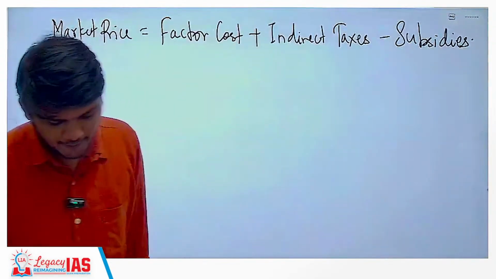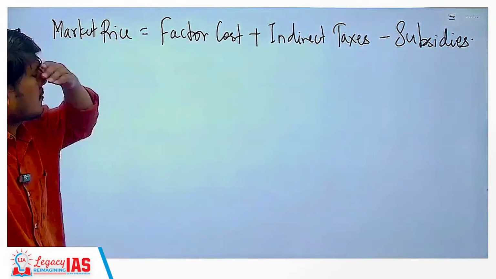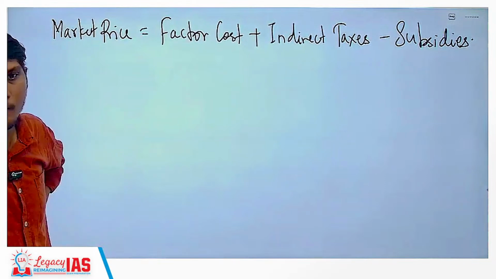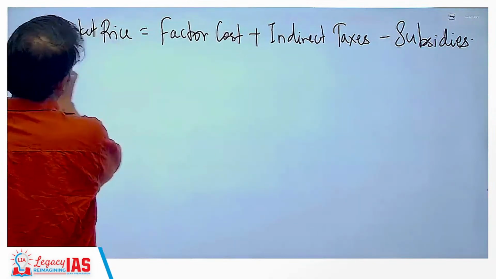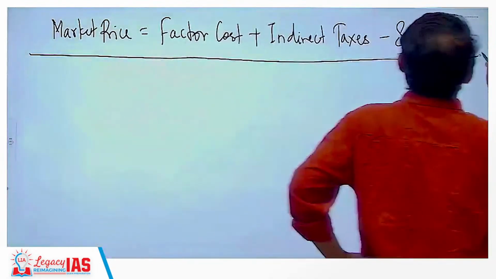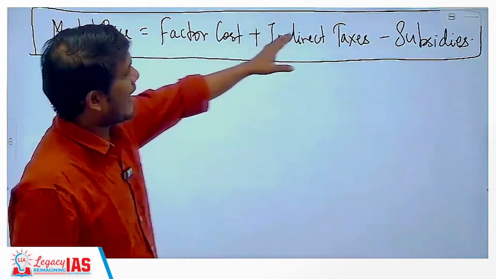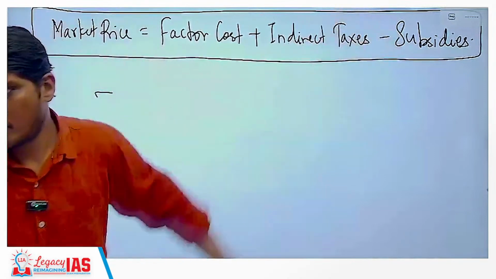Market price equals factor cost plus indirect taxes minus subsidies. ठीक है? That is your relation between market price and factor cost. So when you calculate GDP at market price, you will have to add indirect taxes and reduce the subsidies. ठीक है?